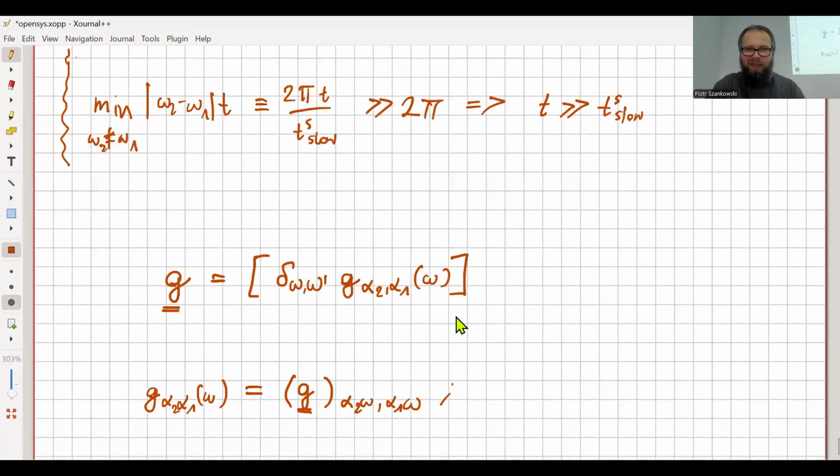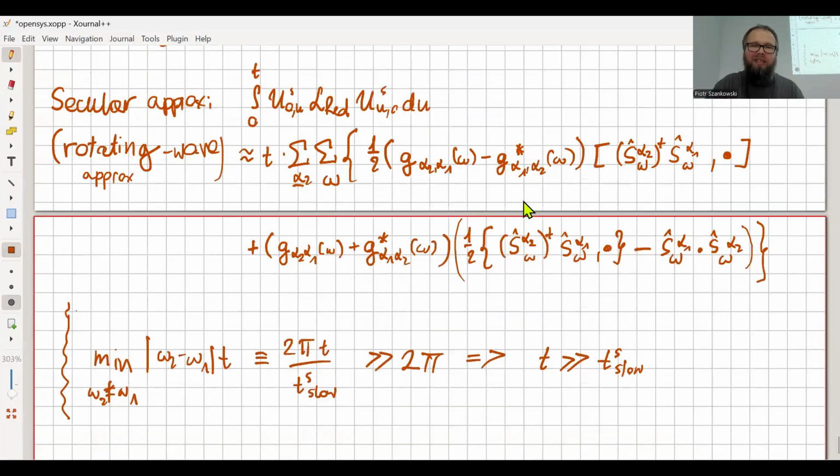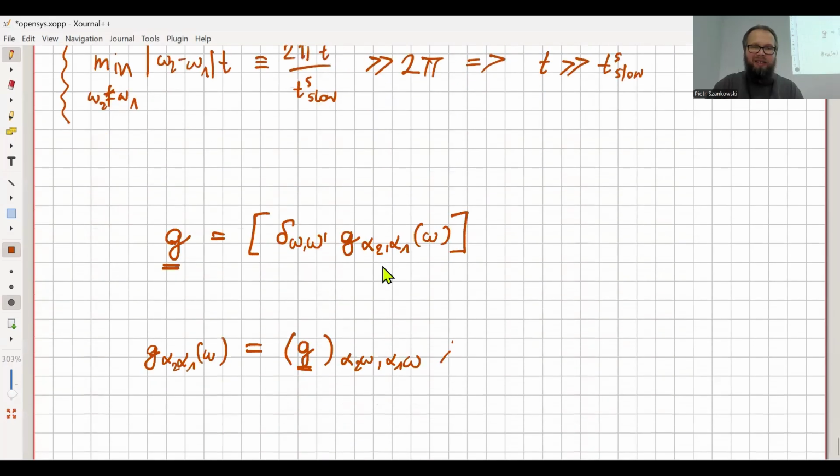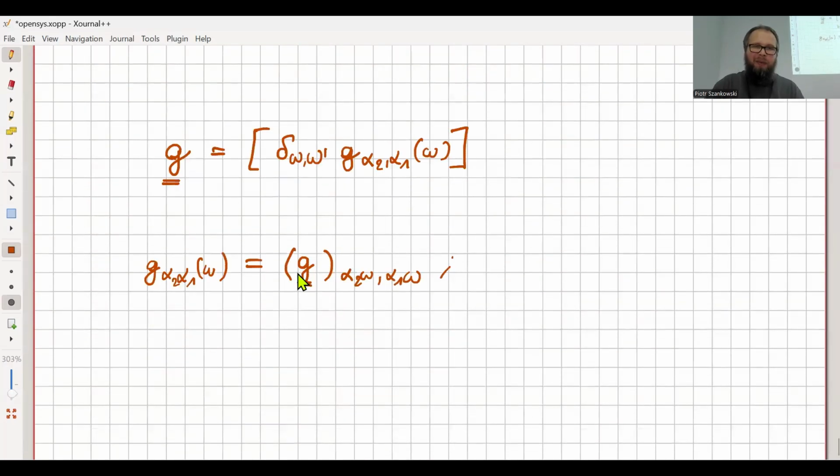Because if you look at this formula, those two coefficients always come in pair, right? You have G alpha 2 alpha 1 omega, and there is its partner G alpha 1 alpha 2, the flipped alphas, omega complex conjugate. Here they come as a difference, here they come as a sum. So we parameterized one of them. So what is the other one?